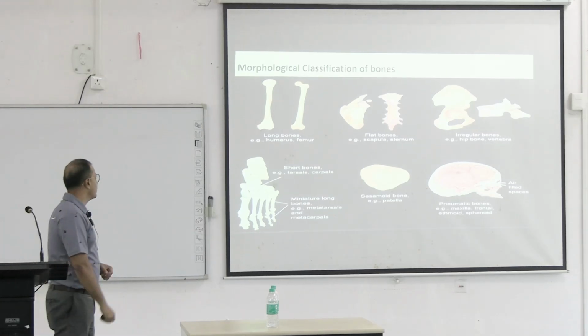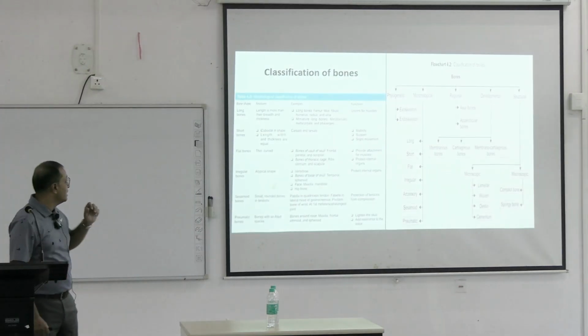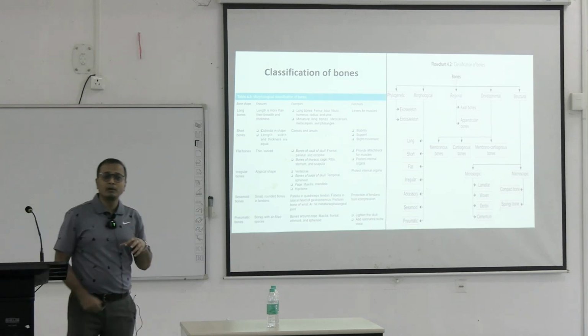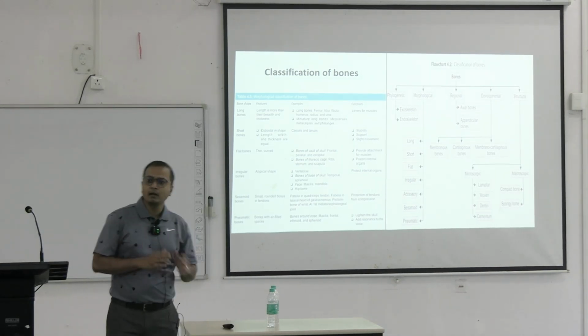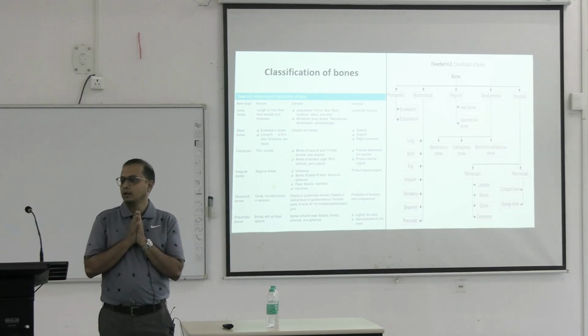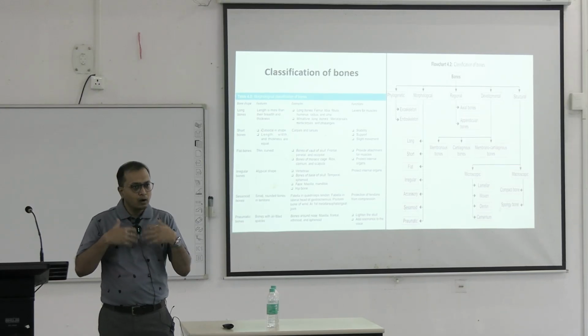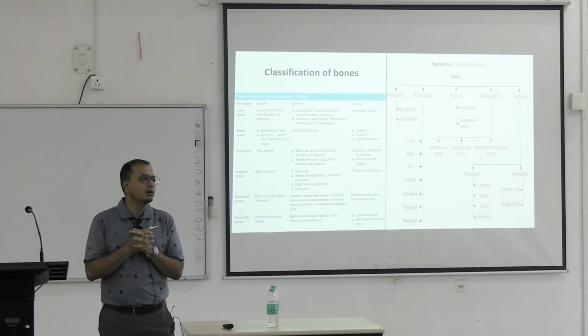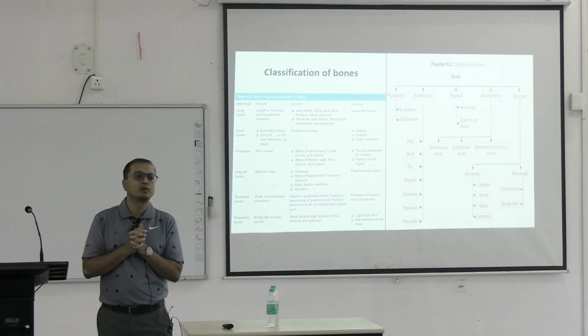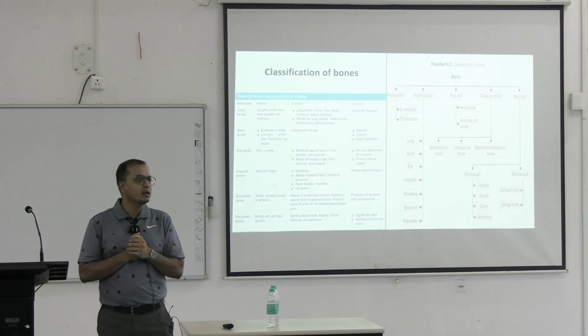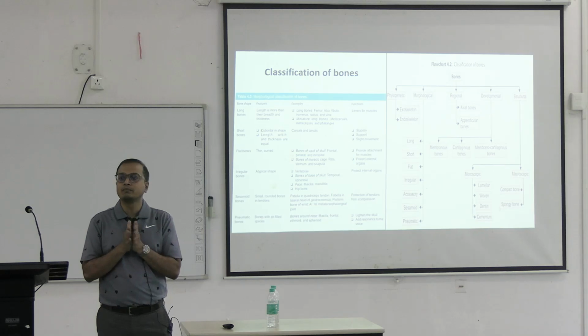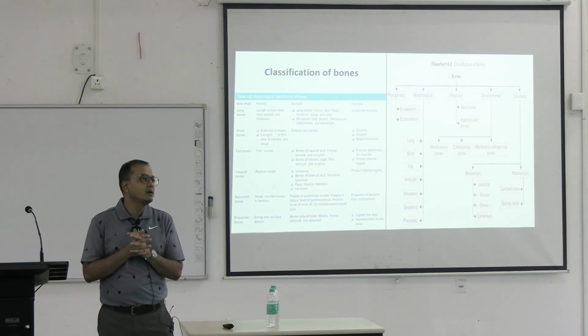There are other ways we can classify bones, based on how they are developed. Bones develop from two sources. In our body, when we are growing inside the mother's womb, that is the uterus, in utero growth, our body develops from tissues we call mesoderm or mesenchymal tissue.